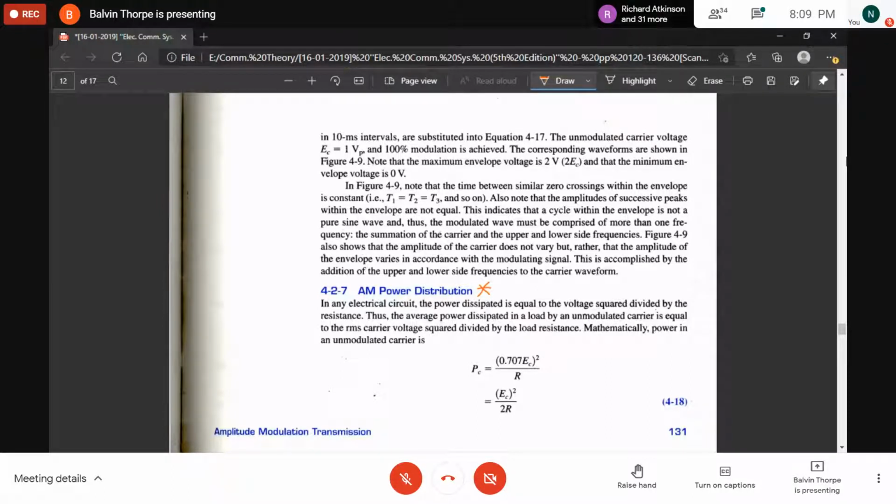You don't want a peak voltage because this voltage is going to fluctuate. So you find the RMS value. All right. Now, as you can see, power in the carrier equals 0.707 times EC, and that's all over R.